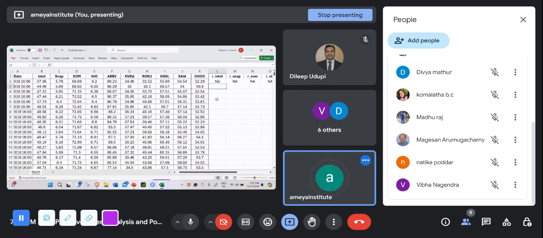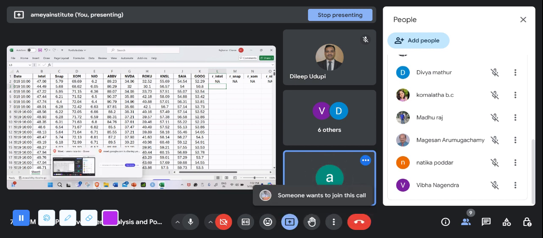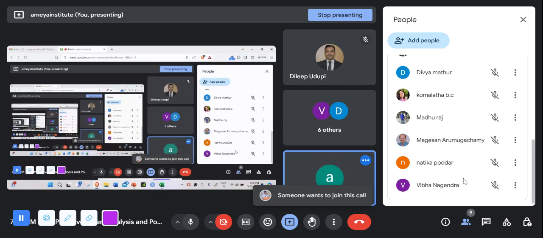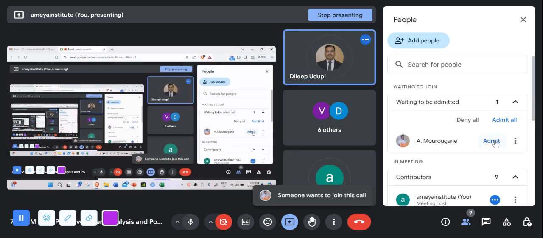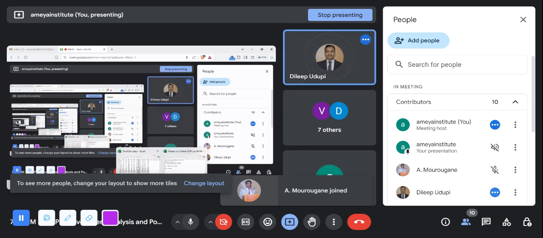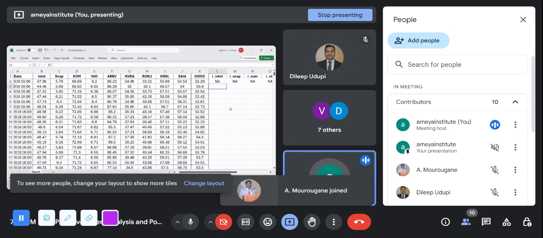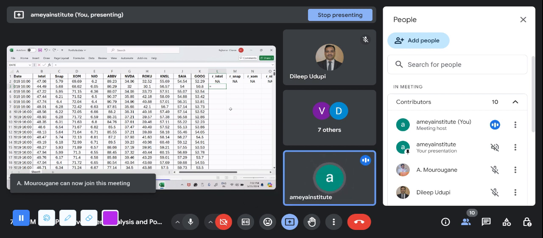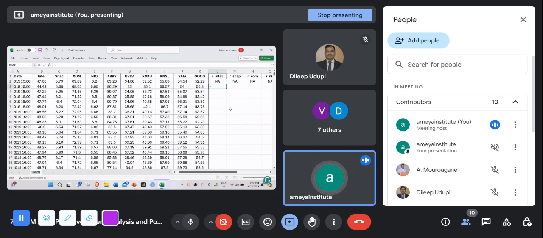Shall we calculate? Yes, okay. So we'll apply the simple return formula, that's nothing but today's value divided by yesterday's value.